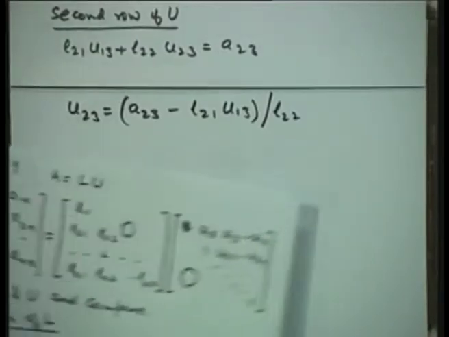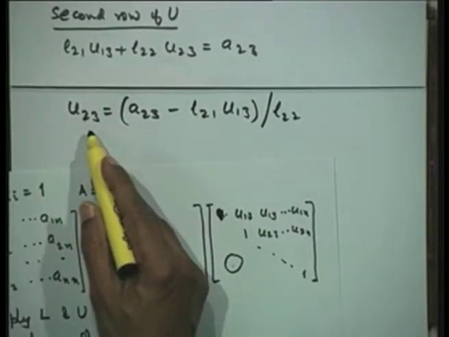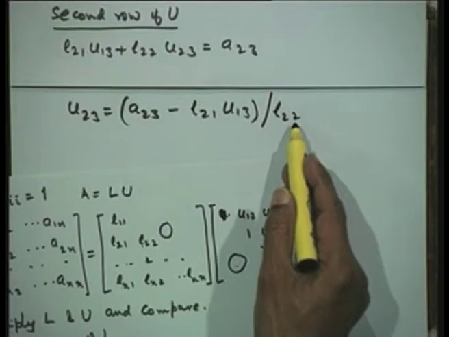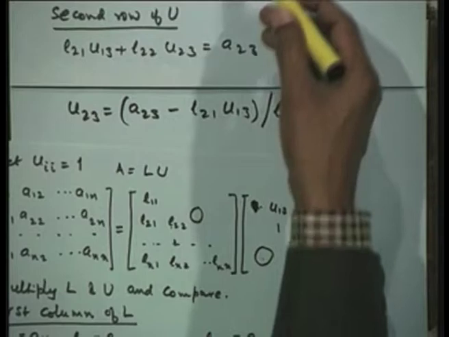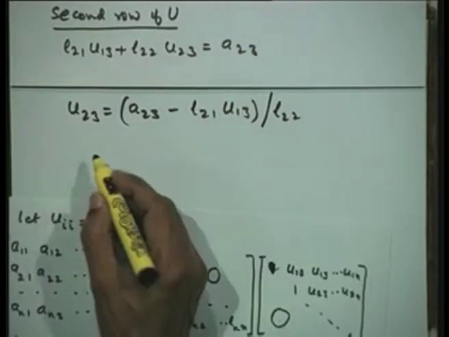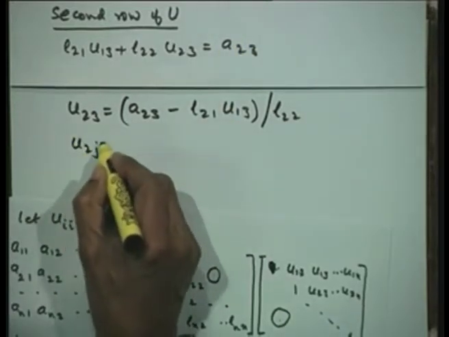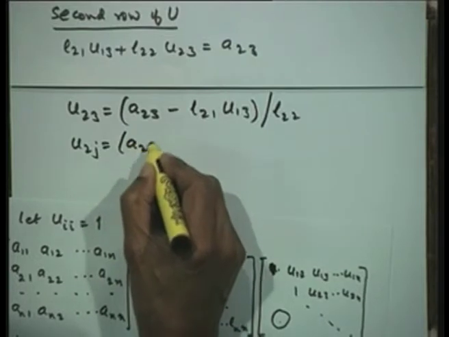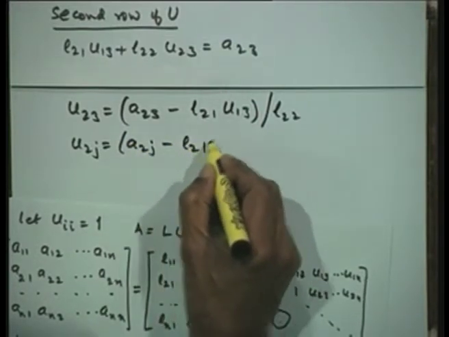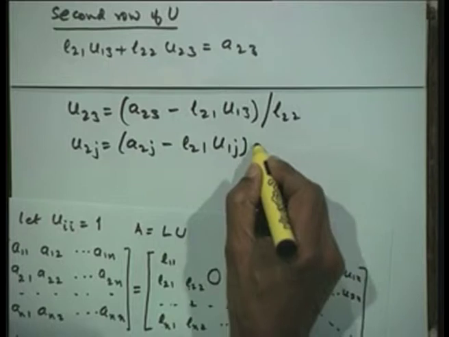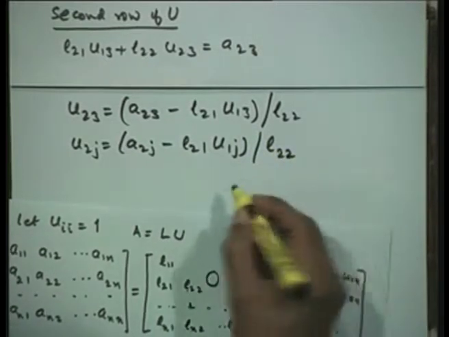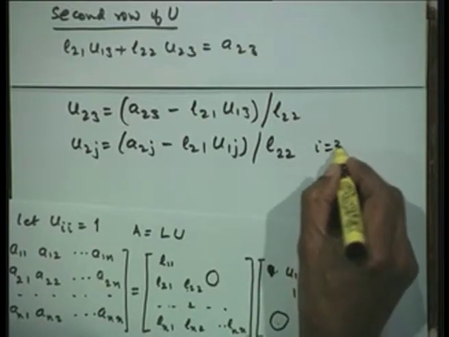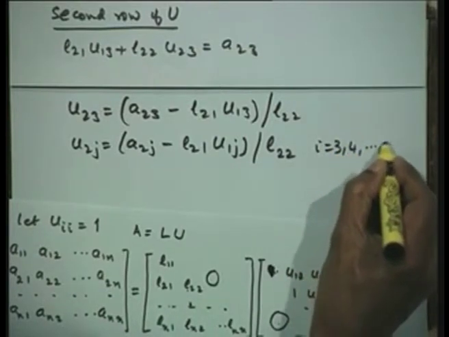You can see that the elements of U again require division by the leading pivot L22, which was determined in the previous step. Now, we can generalize it and write U2j is equal to A2j minus L21 U1j divided by L22, and j going from 3, 4 up to n.